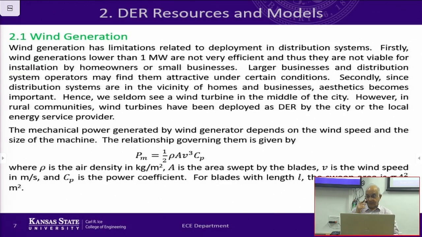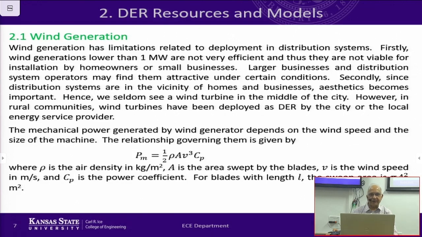So anyway, wind is one of the possible distributed resources, but for a wind generator, 1 megawatt is the lowest size that you want to buy, because anything smaller than that is not very efficient. People like us can't be putting in a 1 megawatt wind generator.